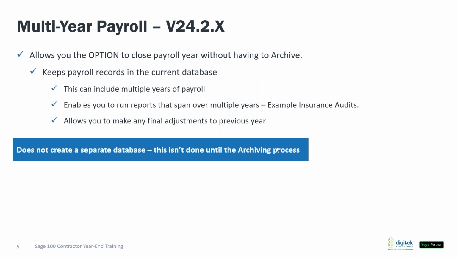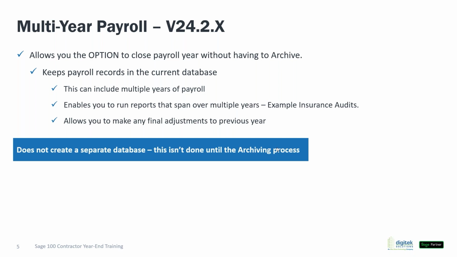Although we're on version 25 right now, I wanted to bring up version 24 because that came out last year. A big change in version 24 is that it now allows you to have multi-year payroll databases open in your current database. In the past, we had to actually archive the payroll database before we could begin processing our new year's payroll. But now we can have several years of payroll open.